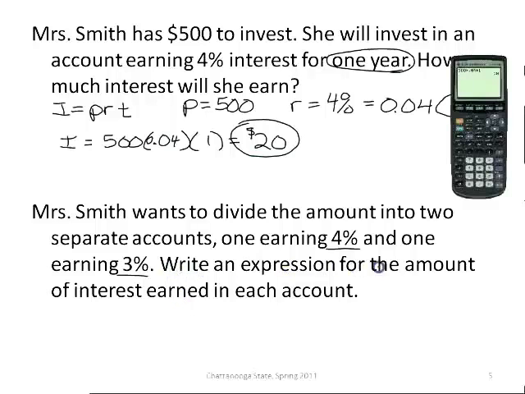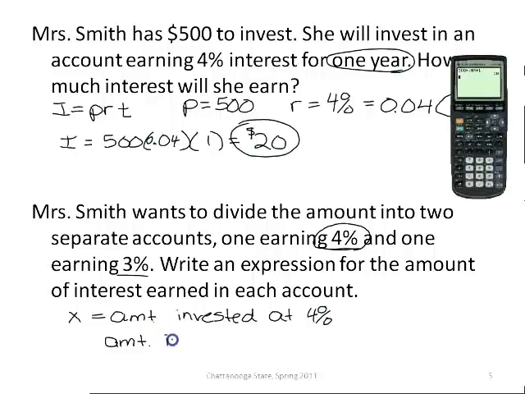So for the amount that's going to go in the first account, the 4% account, we don't know how much it is. Let's just say that X is the amount invested at 4%.